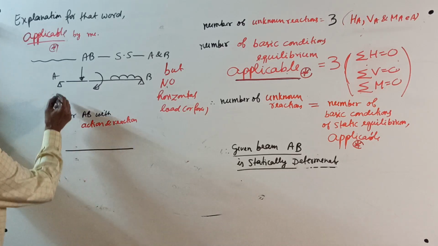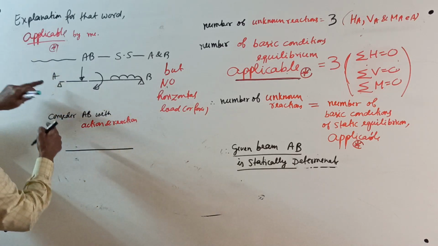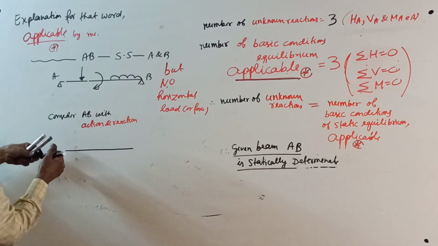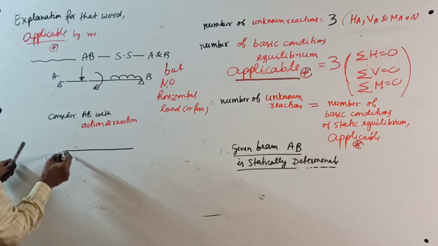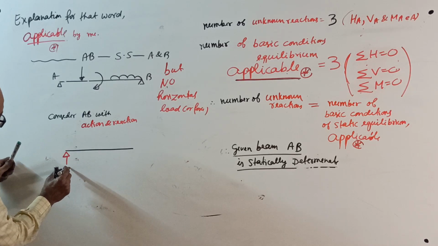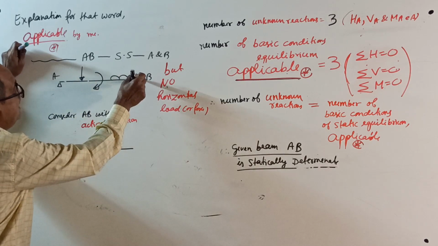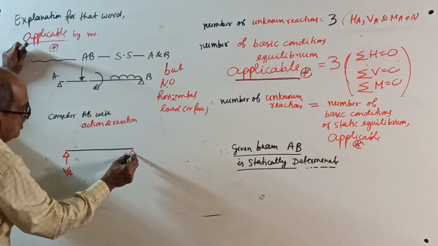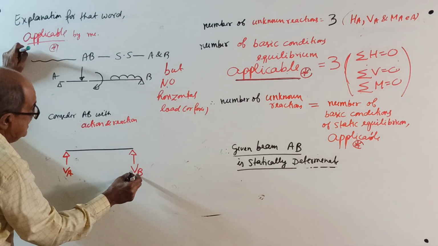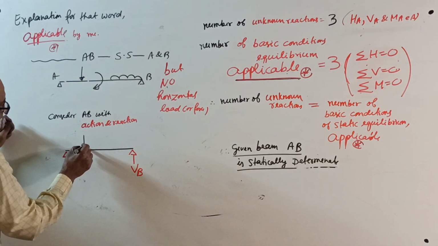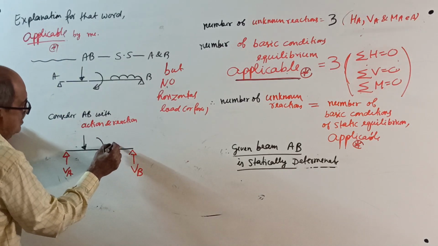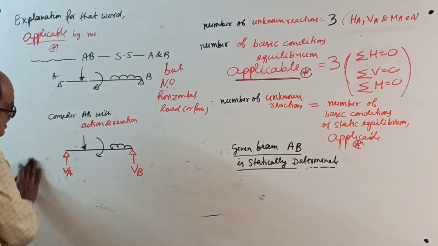Beam AB, see here. A is a simple support which can give only vertical reaction. Already told for you. B is also a simple support which can offer only vertical reaction VB. Remember, no horizontal load, no horizontal reaction.